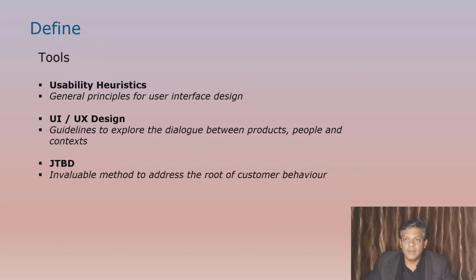They involve usability heuristics, which are nothing but general principles for user interface design. A similar example we spoke of probably in part 2 of the series, wherein we spoke of the automated teller machine interface, or the screen that you see.